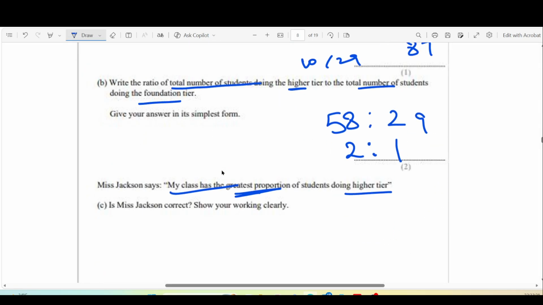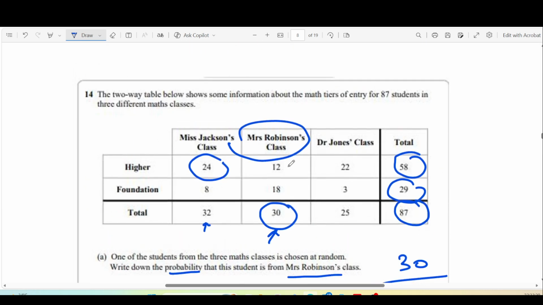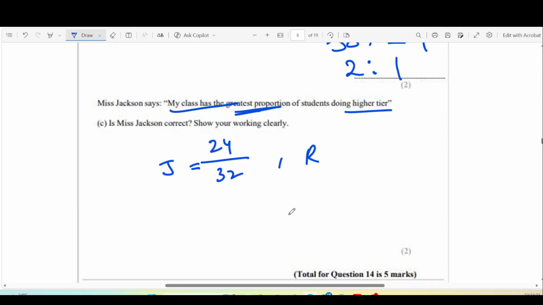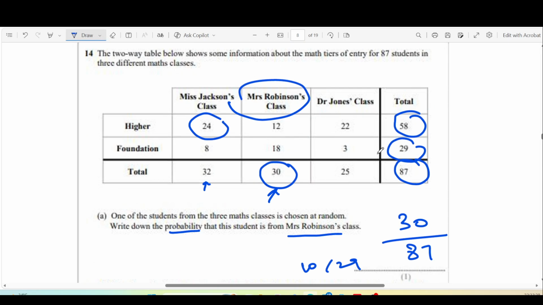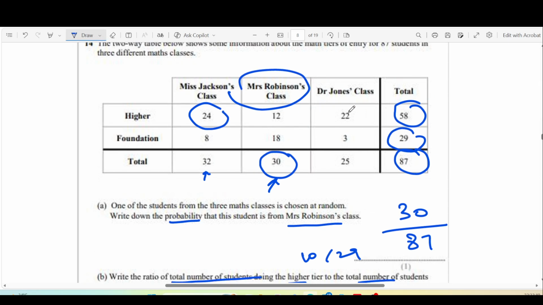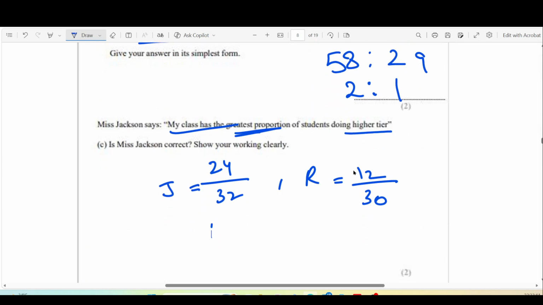So 24 out of 32 for Jackson, and for Robinson, higher are 12 out of 30. So the fraction is 12 out of 30. And for the other teacher, Dr. John's class, higher are 22 out of 25.